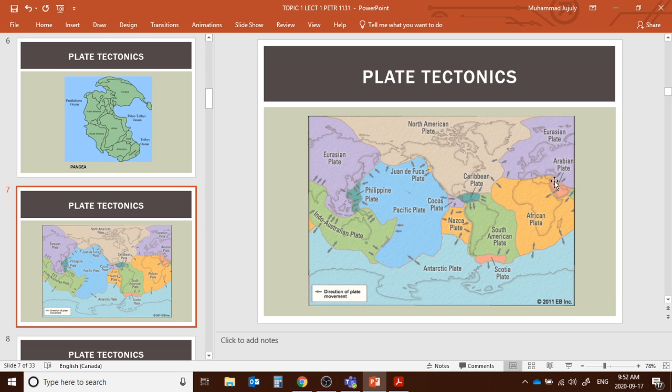Okay, so the Arabian plate and the Eurasian plate sometimes collide, and that also creates lots of earthquakes near this Turkish area and also Iran and those areas, right? So this is one of the impressive things to check, how plate tectonics determines the geology, and the earth movements and everything about the earth.